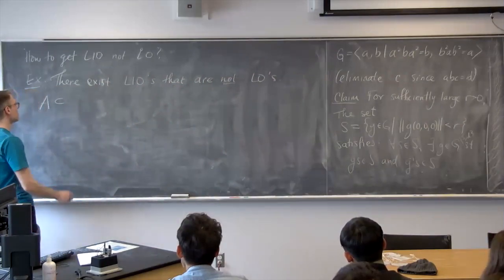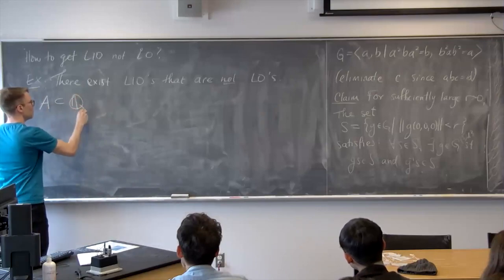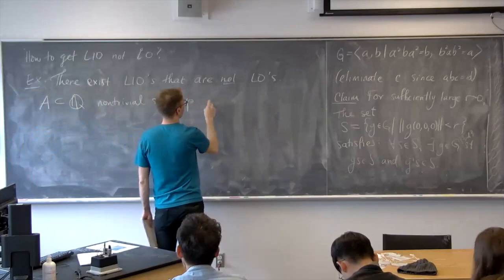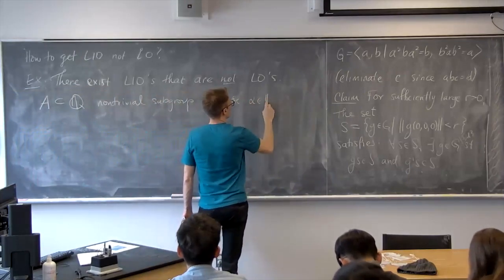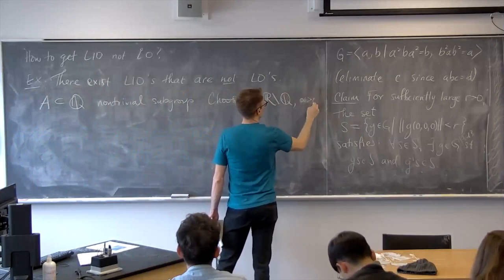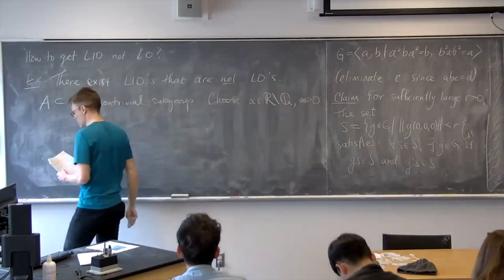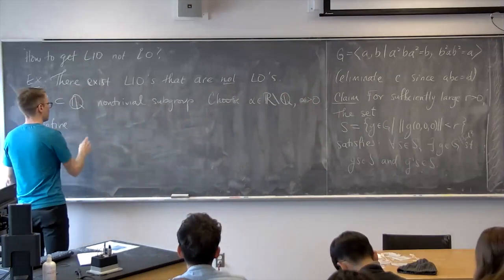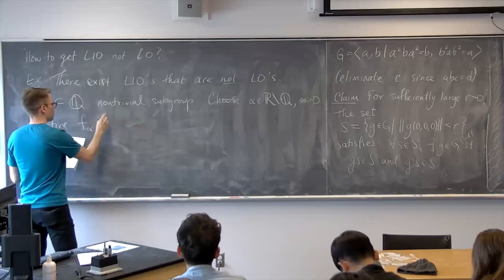So for example, just take A in Q, a non-trivial subgroup. And then choose an irrational number alpha, that's just positive so that it's easier for me to do. And then define, we're going to embed this.